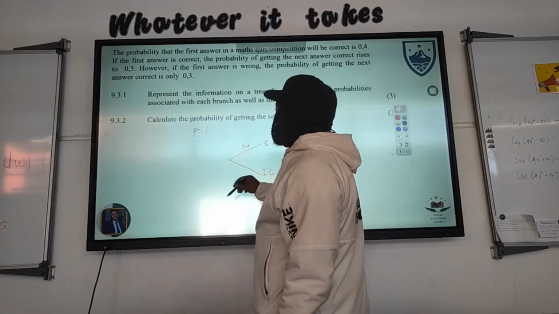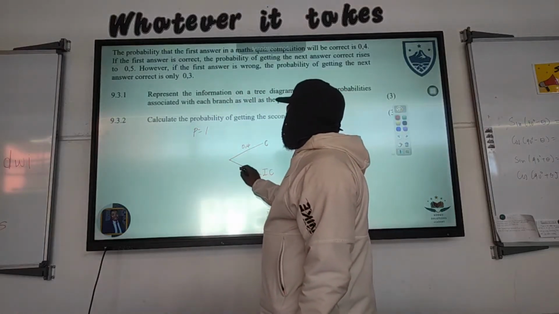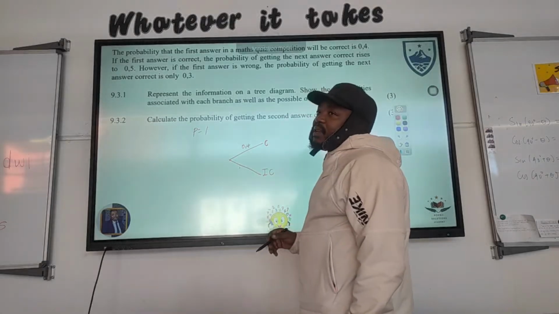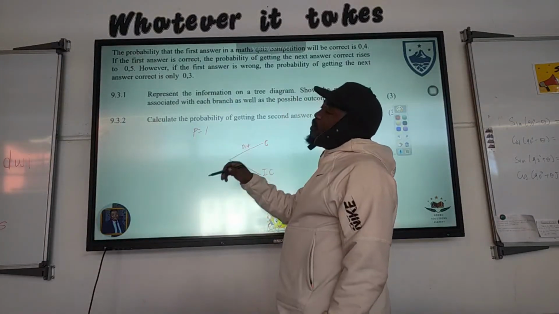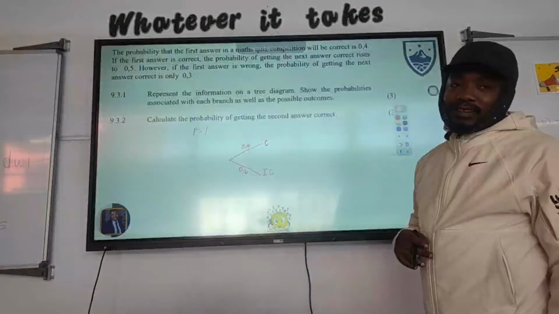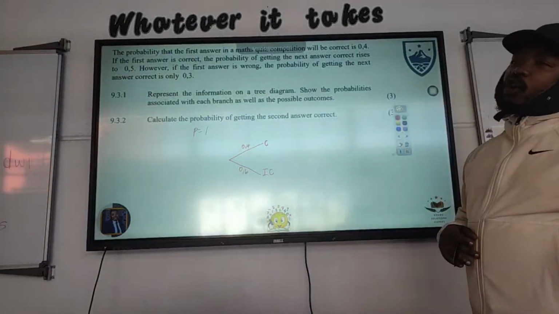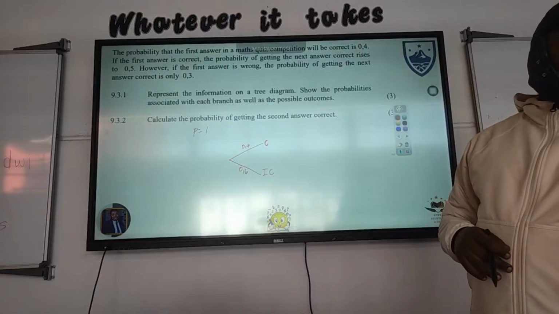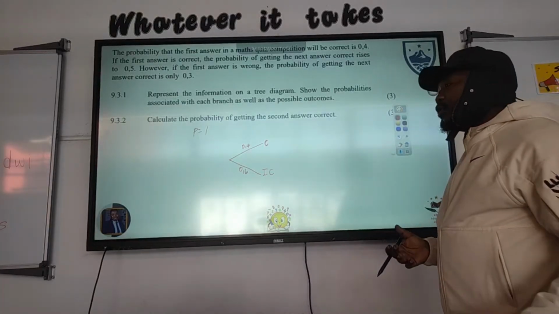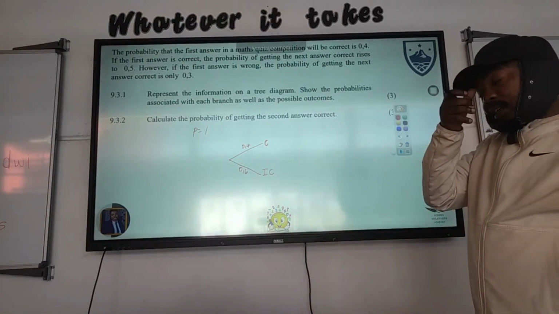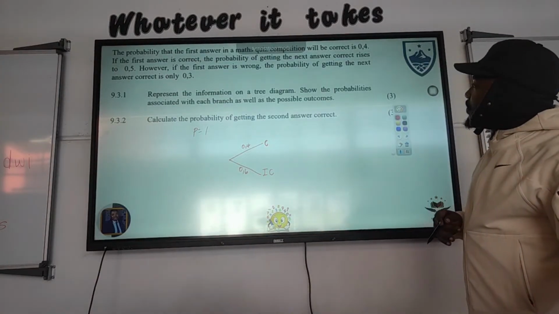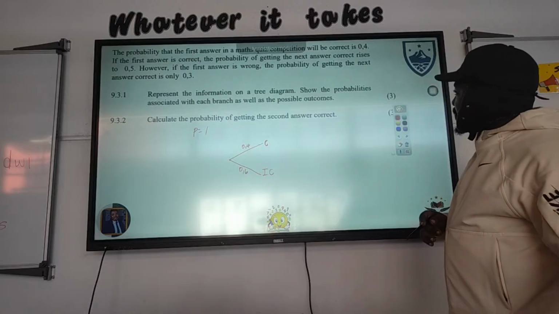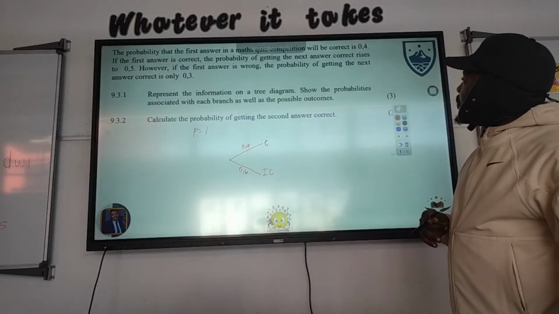So the total probability here means the probability of that answer being incorrect will just be this difference of 1 minus 0.4, which is 0.6. Because you are either correct or incorrect. There's no middle point.